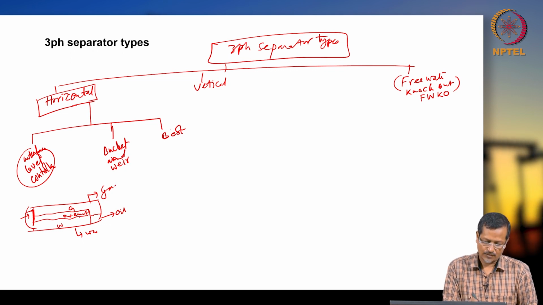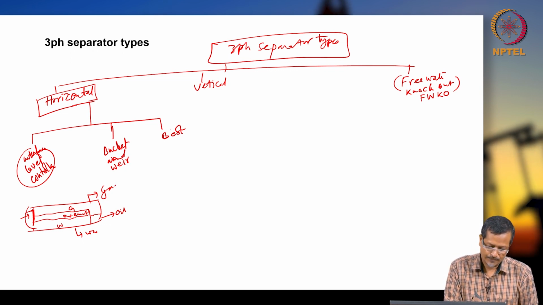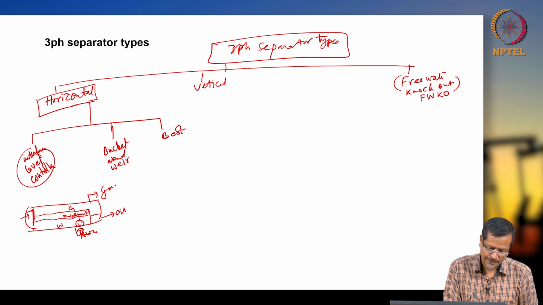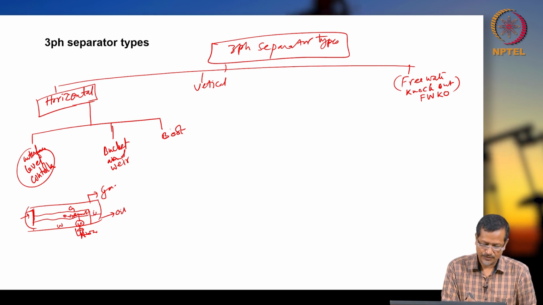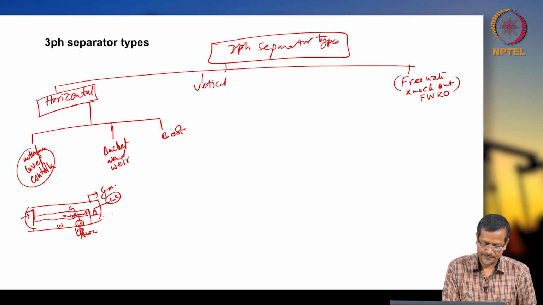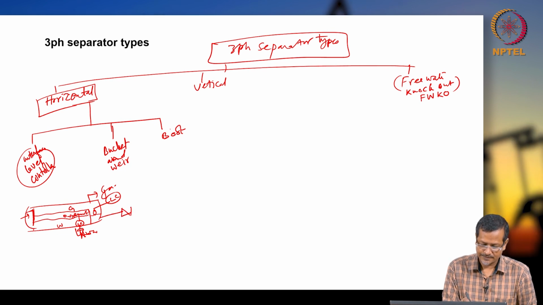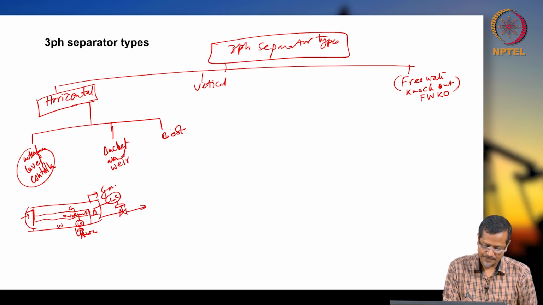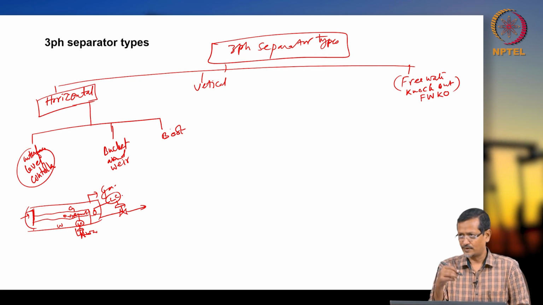Now at the water out, we will have to put one interface level controller, right? It is coming like LC, like this. The oil also will have a level controller, LC. So the level control will be like this.